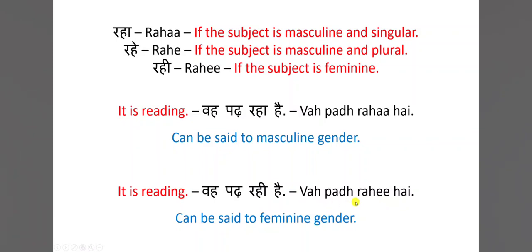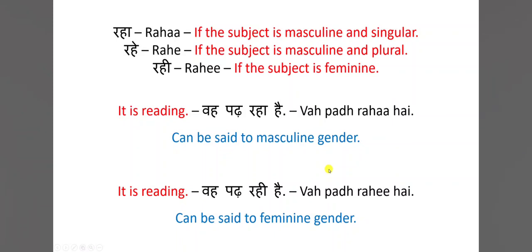Here, this sentence can be said to something belonging to feminine gender. Alright? So, this is how we frame present continuous tense sentences. Okay?